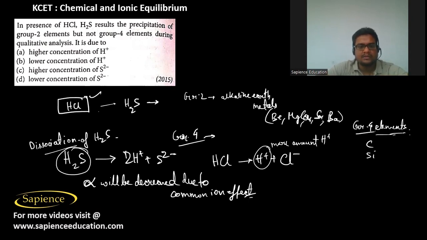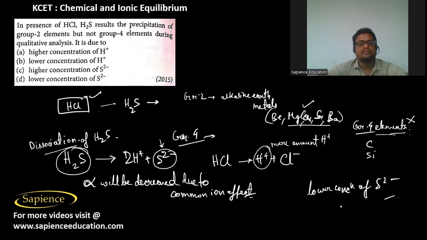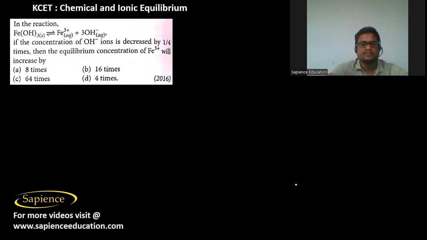So since the sulfide ion formed will be less, it will result in the precipitation of group 2 elements and not in the precipitation of group 4 elements. So the answer will be that it is due to the lower concentration of sulfide ion. So option D is the correct answer.